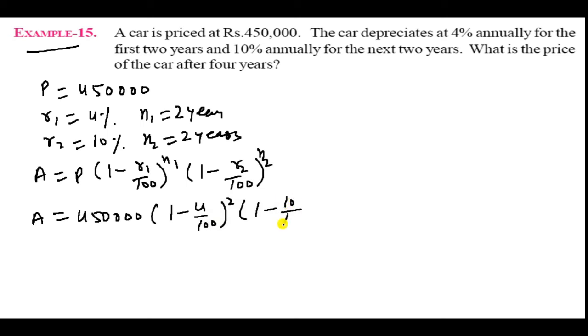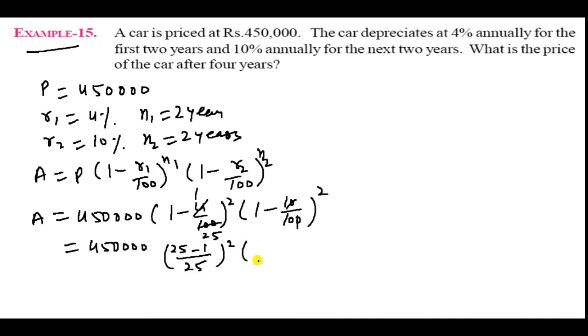So let us start how to do this question. So amount will be equal to P(1 - R1/100) whole power N1, and once again (1 - R2/100) whole power N2. So P is given as 450,000. 1 minus R1 is given as 4%, N is 2. So 1 minus R2 is given as 10%, so 10 upon 100 to the power 2.